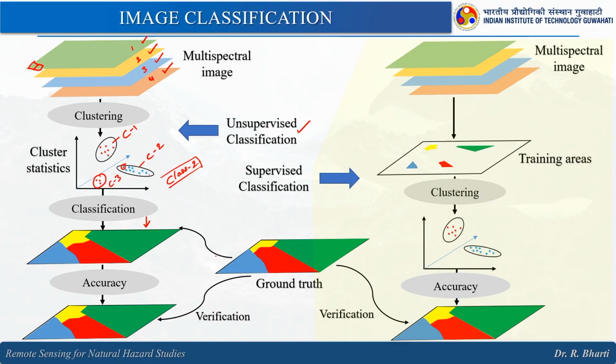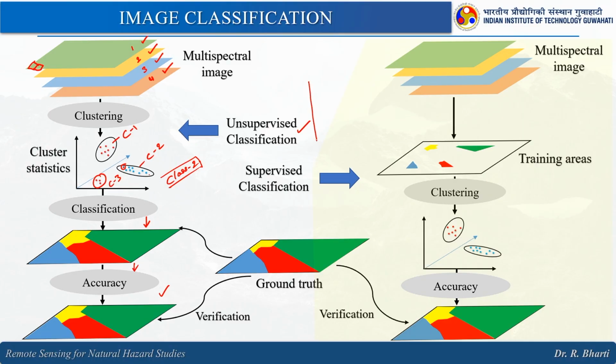That is the error associated with my classification. So, we use the ground information and try to estimate the accuracy of this particular process or image classification, and then we will say that my classification is 60% correct, 70% correct, or maybe 90% correct, right.